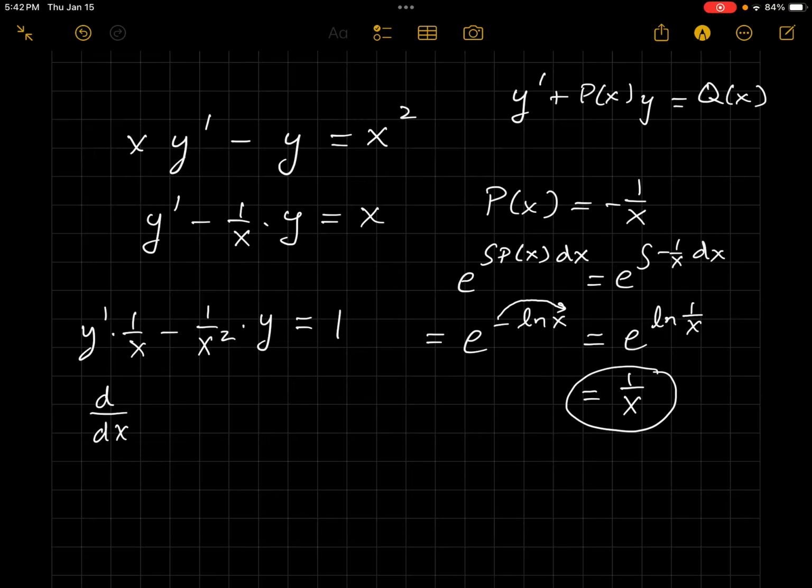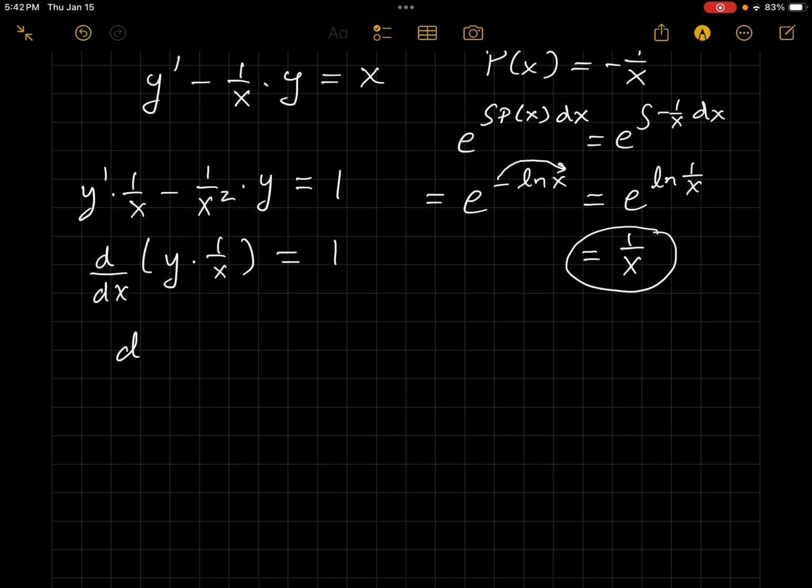The left side is the derivative of y times my integrating factor. Convince yourself that is true. And the right side remains.